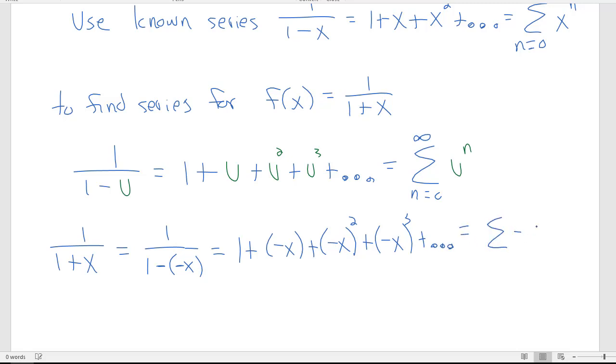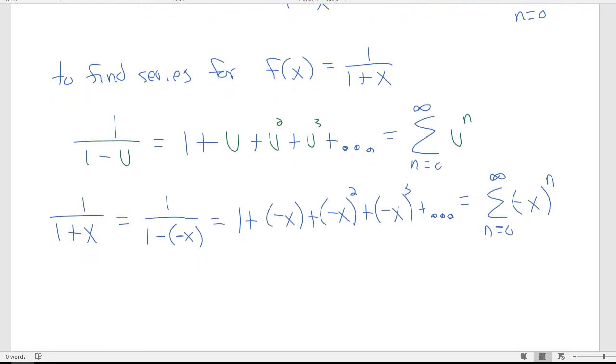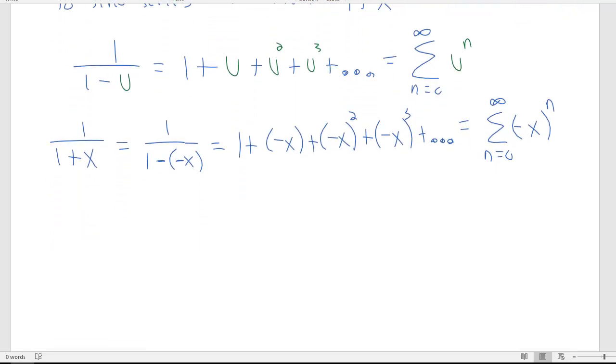And that's going to be the sum of negative x to the n, as n goes from 0 to infinity. So I'm using my known form, 1 over 1 minus u, being 1 plus u plus u squared plus u cubed. And I'm taking 1 over 1 plus x, and manipulating it to look at it as 1 over 1 minus something, 1 over 1 minus u.